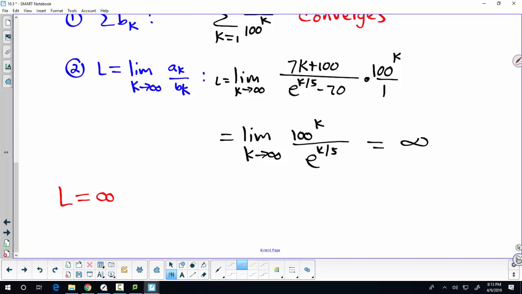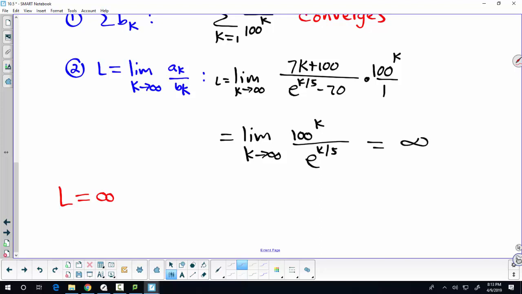Can you explain that again, why it's inconclusive? Because the limit is infinite, which means that the top function is growing faster, right? So the top function was this thing right here, so this thing is growing faster. Let's make sure that's true. If the limit is infinity, then a sub k grows faster than b sub k.